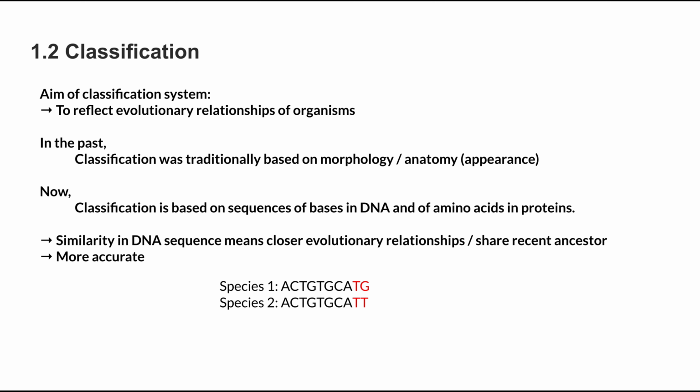As you see here, species 1 and species 2 have a very small difference in the DNA base sequence, which is in 2 nucleotides, so these species are very close to each other, or they share a very recent ancestor. They changed the classification to be based on DNA and amino acids because it's more accurate. When we base it on morphology and anatomy, we only know the outward features, and we are not classifying based on internal characteristics like hormones, which we cannot see, but DNA covers all of that, so it's a more accurate means.